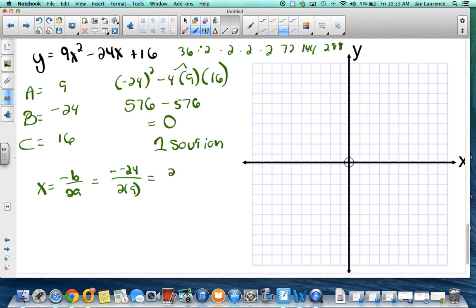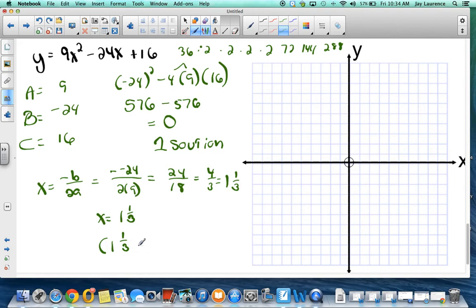So that'll be 24 over 18. And if I simplify that, I'm thinking 3. So we're going to get 8, 6. No, I should do 6. Silly me. We're going to get 4/3, or better yet, 1 1/3. So the axis of symmetry is 1 1/3. The x-coordinate of the vertex is 1 1/3.